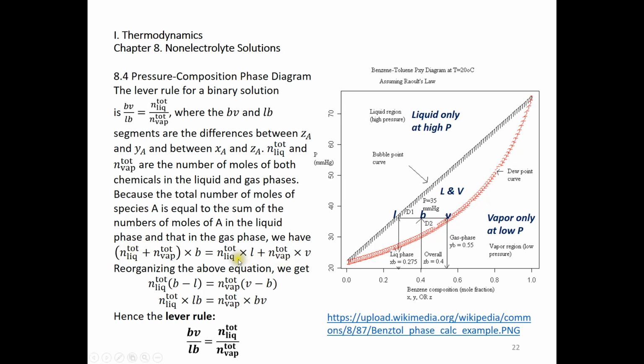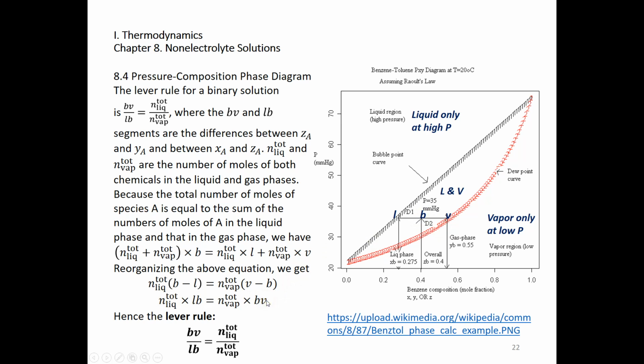We can reorganize this equation. We can put N liquid on the left hand side, N vap on the right hand side. We get this equation. Alright, and then B minus L, isn't that just the segment LB? The segment LB is just this B minus L. V minus B is the segment BV.